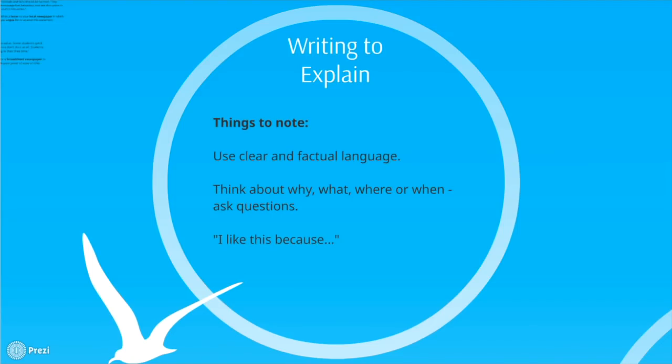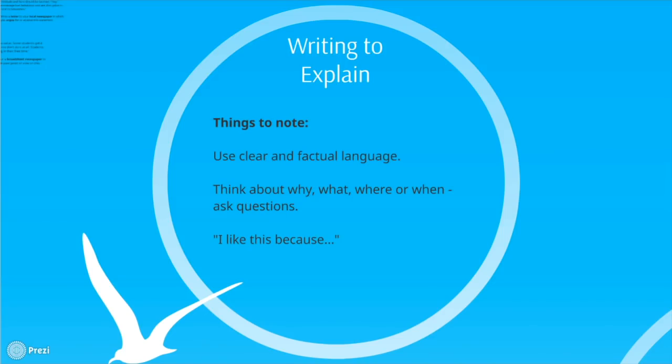However, there are slight differences between the different types of writing. So in order to achieve those higher levels for this question, you need to make it clear to the examiner that you understand what you have to do for each of these different types, okay? If you are given a writing to explain, you've got to explain why that is your point of view.